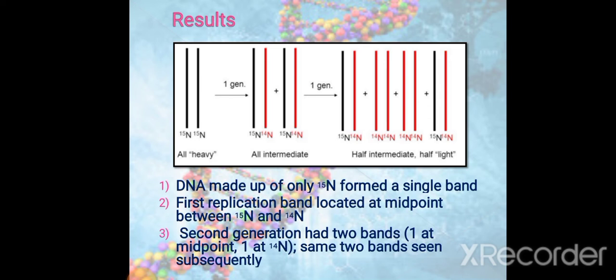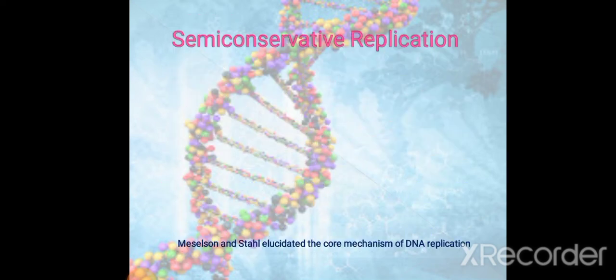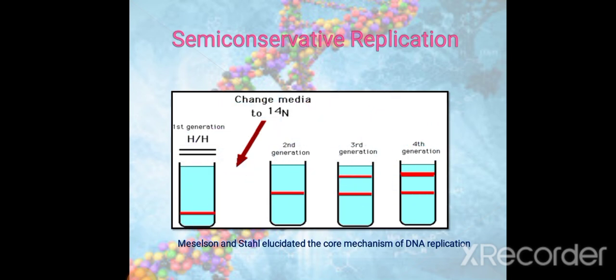But whenever the subsequent generations are carried out within the N14, it is observed that another band of the lighter nitrogen, that is the N14, is also observed, which is not possible within the dispersive mode. So from all of these discussions it is concluded that the DNA must be replicated by the semi-conservative mode, which is proved from this Meselson and Stahl experiment.